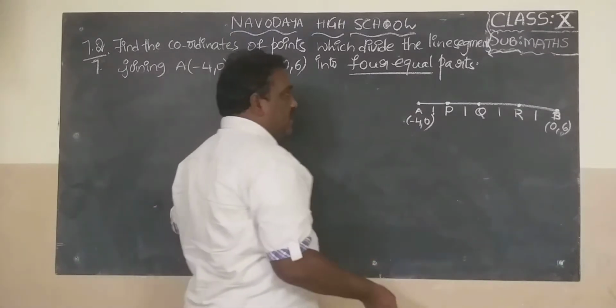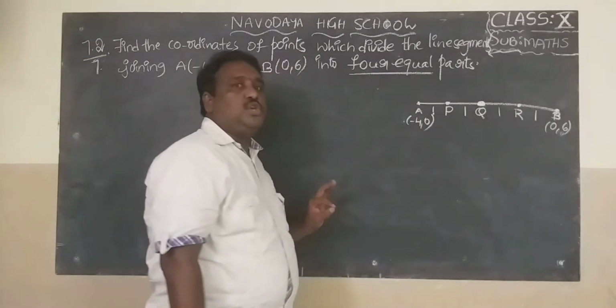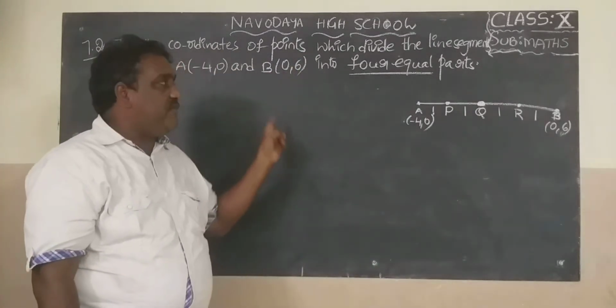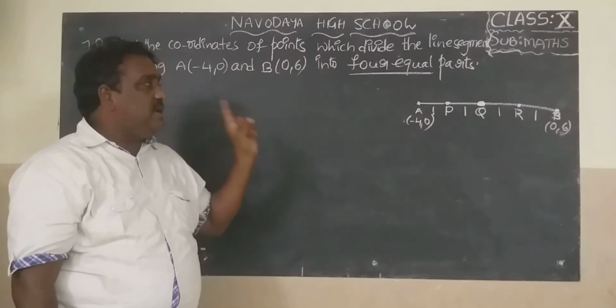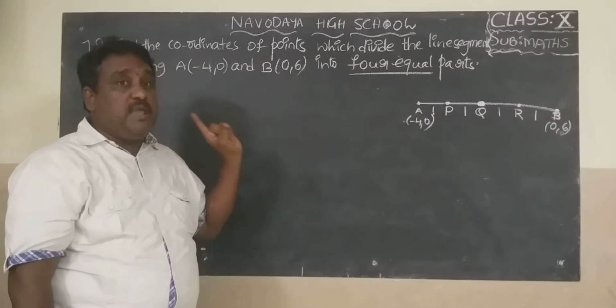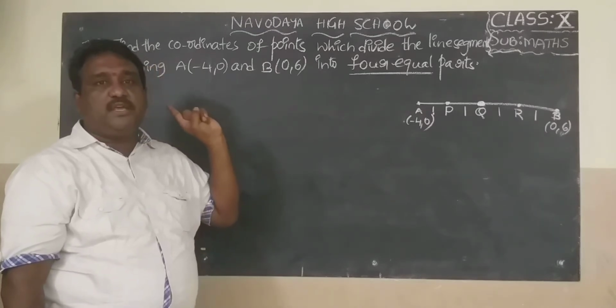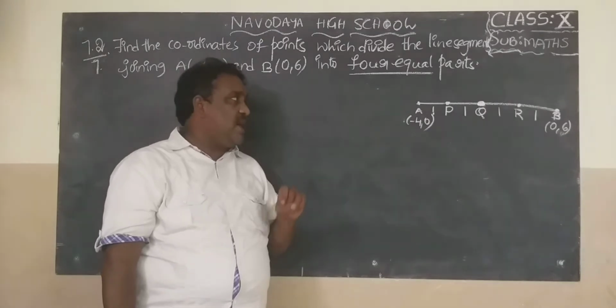Then what is Q? See the diagram. Q is the midpoint of AB. What is P? P is the midpoint of AQ. What is R?